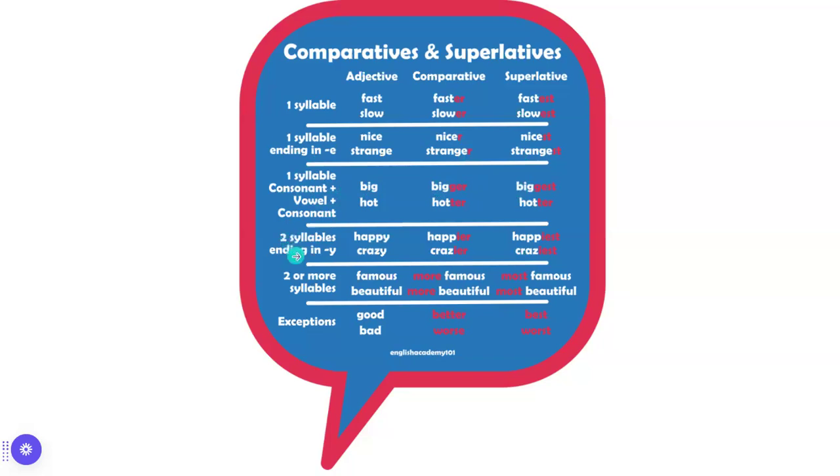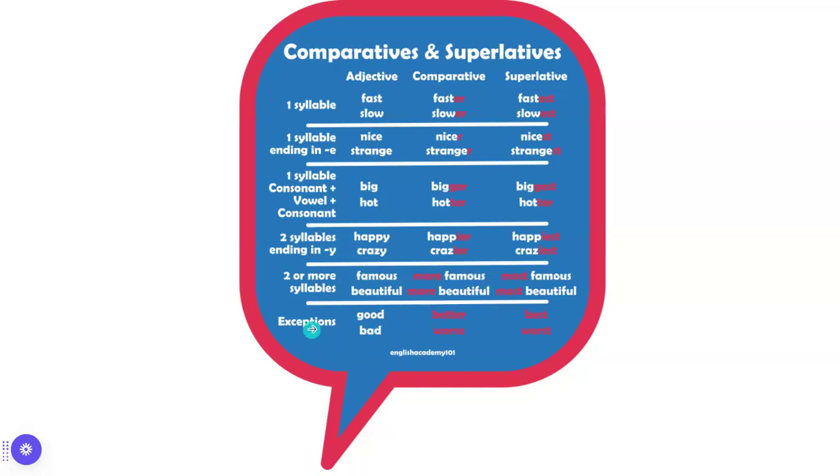Now, if it has two syllables that end with Y, like happy or crazy, we change the Y for I and add ER. In superlative form, again, we change Y for I and add EST. Now, if it has two or more syllables, then the adjective doesn't change and we add the word "more" for the comparative form and "most" for the superlative form.